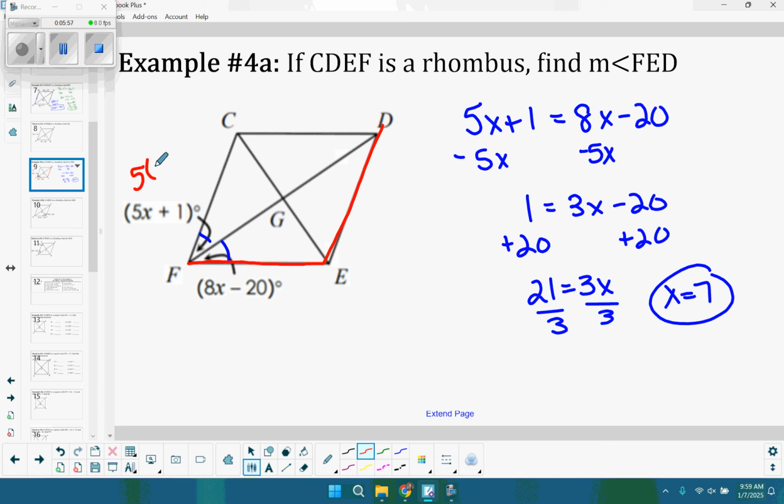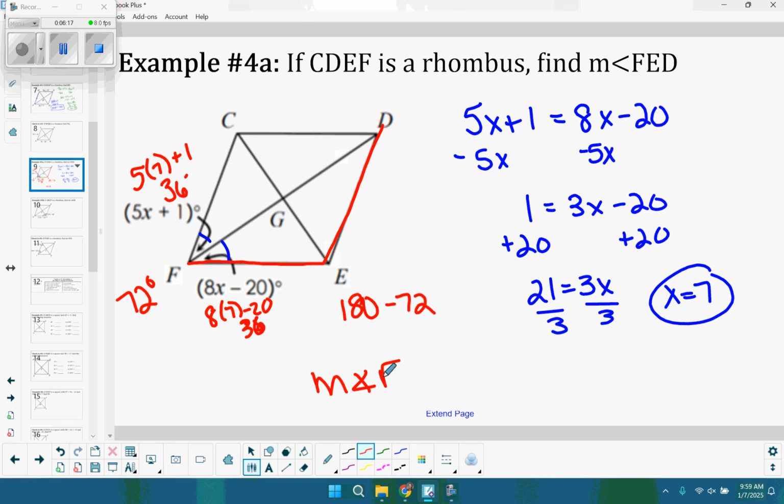So 5 times 7 plus 1 is 35 plus 1 is 36. 8 times 7 minus 20, 56 minus 20 is 36. So the whole angle is 72 degrees. So 180 minus 72, the measure of angle FED is 108 degrees.